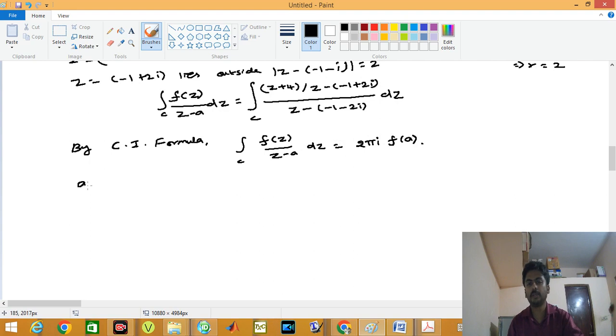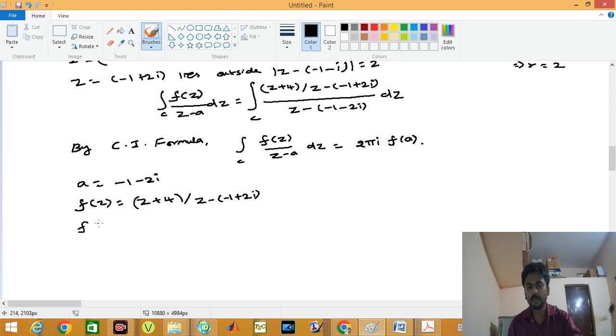So what is a here? a equal to minus 1 minus 2i. What is f of z here? Other than this denominator, our f of z is z plus 4 divided by z minus 1 plus 2i. Okay, this is our f of z.